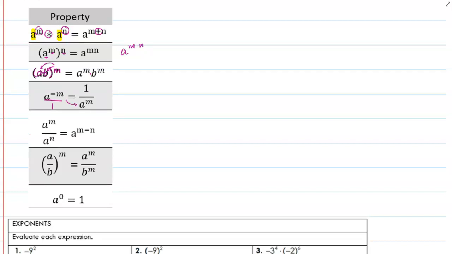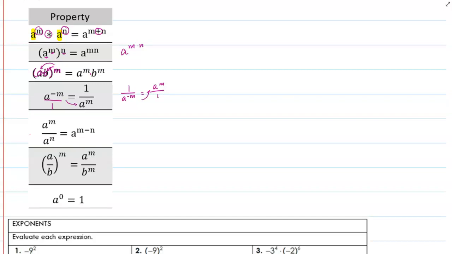Okay, remembering that the negative of the exponent now becomes positive. If you had a base and a negative exponent in the denominator, that would now go into the numerator, being mindful that that exponent is now a positive exponent.